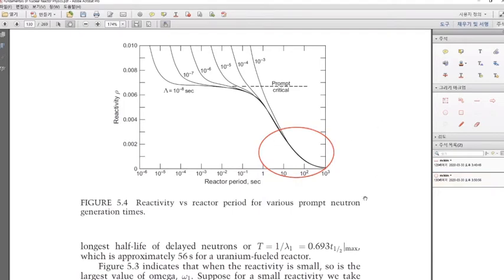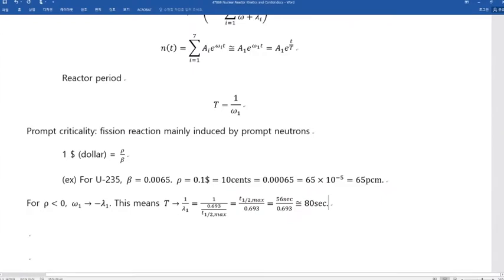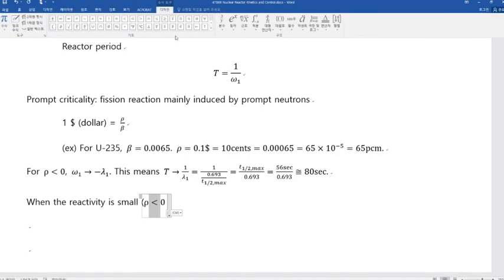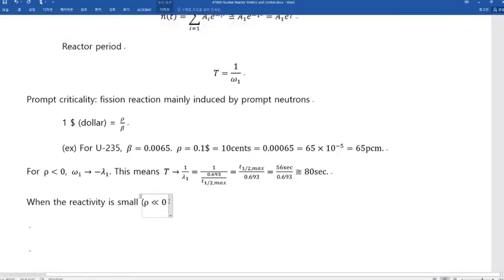So when reactivity is very small, how small is it?